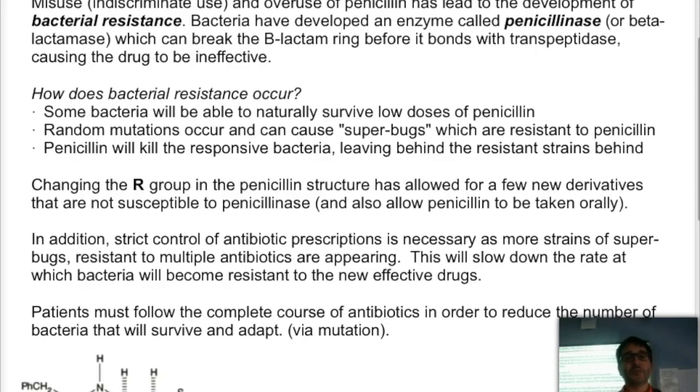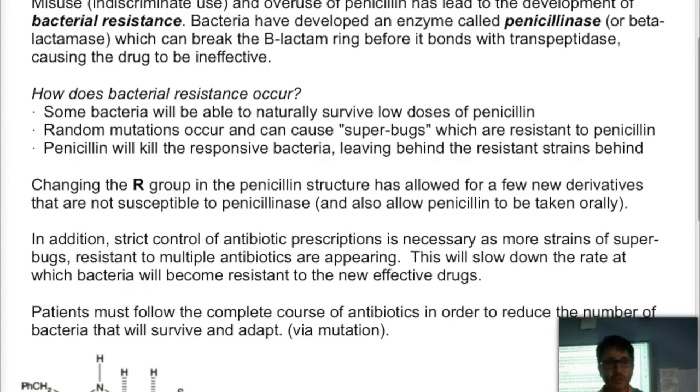So bacteria have developed enzymes that are called penicillinases. Basically what they do is they have an enzyme that will bind to the beta-lactam ring before the penicillin has a chance to bond with the transpeptidase. And so it does not interfere with the formation of cell walls.